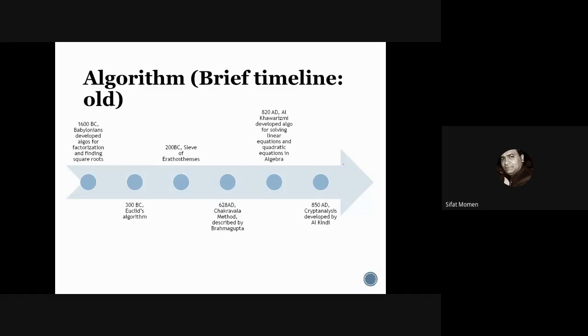So I'm going to give you a very brief timeline. And by brief timeline, I mean it's a very, very brief timeline. It is not possible for me to write down all algorithms in the timeline because there's just so many. The whole point of giving you this timeline is that, as a student of computer science, you must be aware of the history of it a little bit.